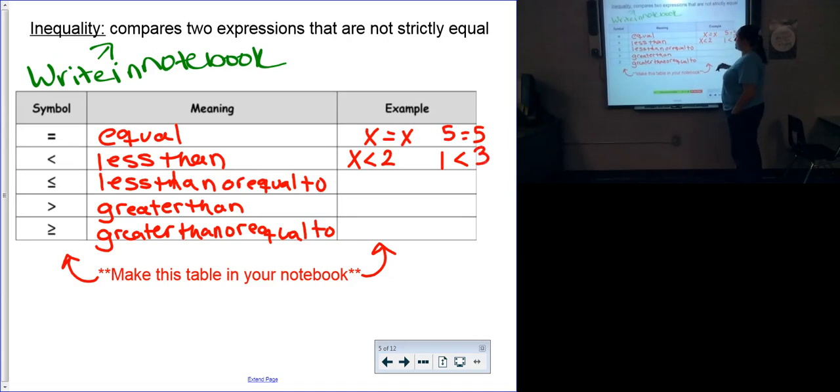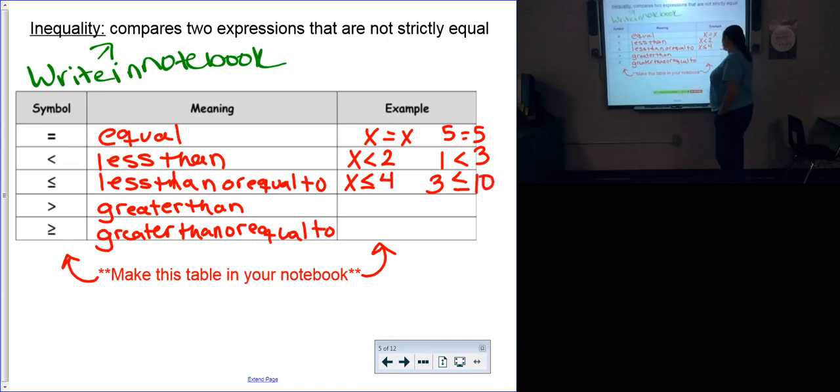For the next one, I could put x is less than or equal to 4. I could put 3 is less than or equal to, let's see, 10.